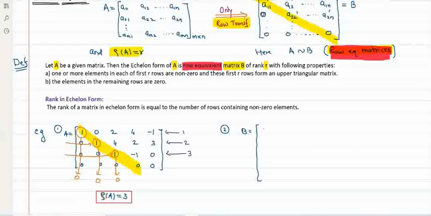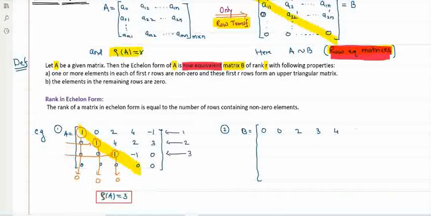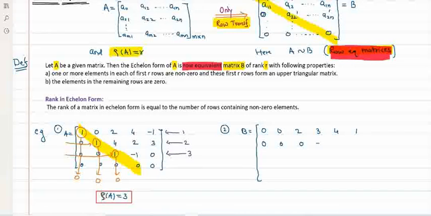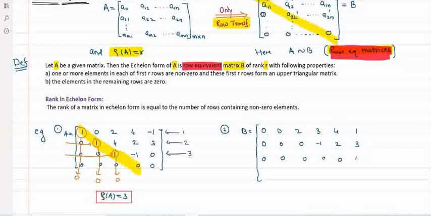Okay. 0, 0, 2, 3, 4, 1, then 0, 0, 0, -1, 2, 3, then 0, 0, 0, 0, 4, 0, then 0, 0, 0, 0, 0, 0. Suppose one more row, 0, 0, 0, 0, 0, and 0.